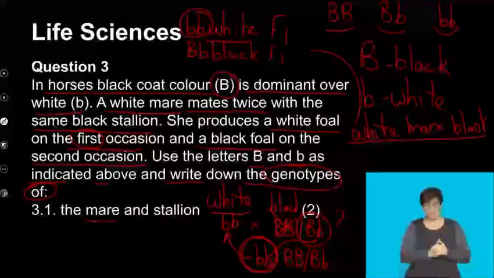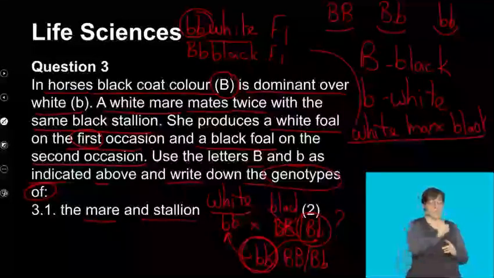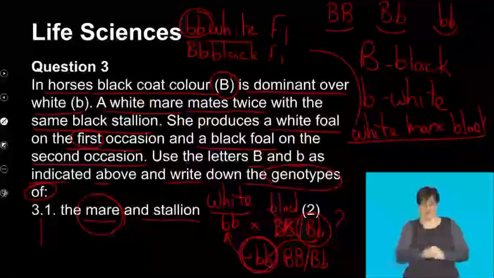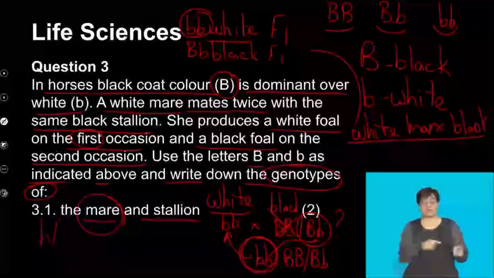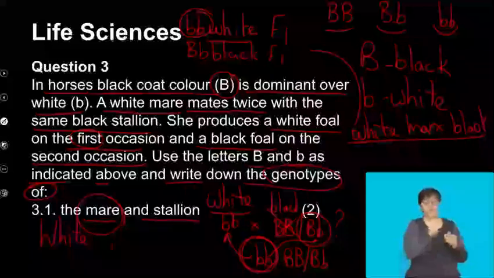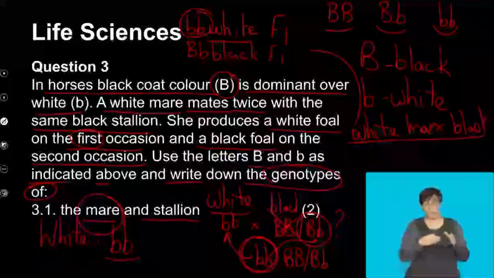The mare and the stallion. As we just worked out, the mare is the female, and if I were to describe her physical characteristics, she is white, and white in this case can only be homozygous recessive, so small b, small b.